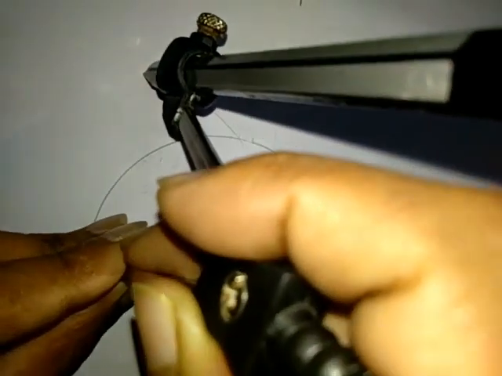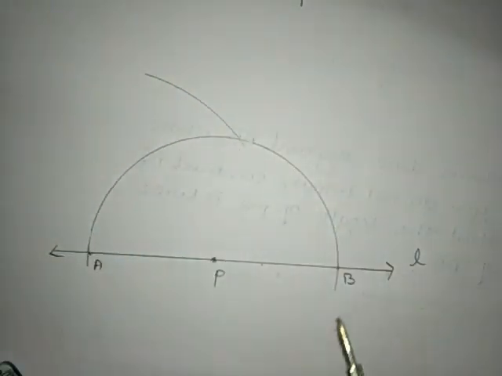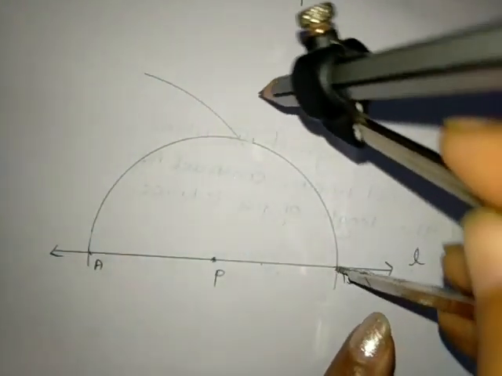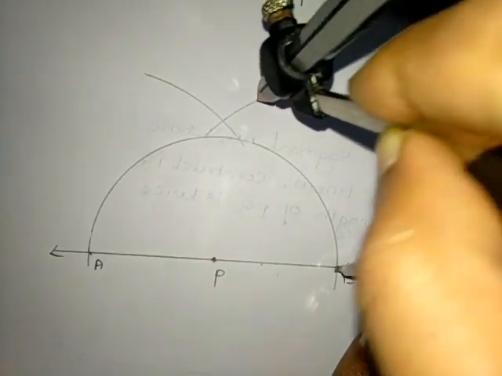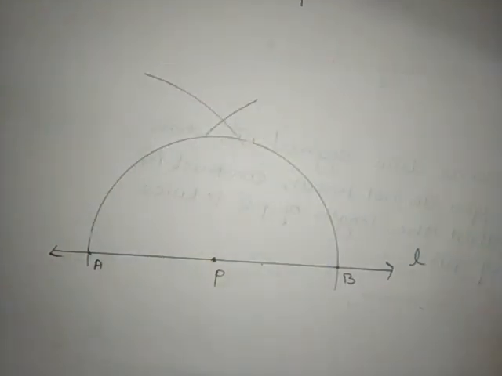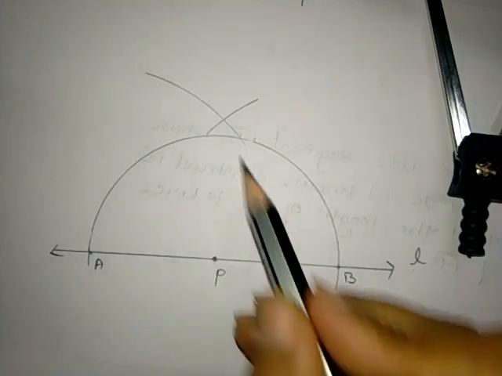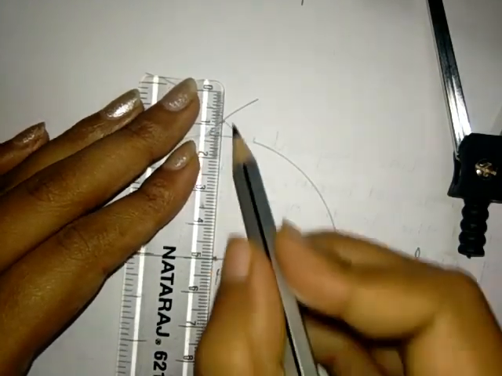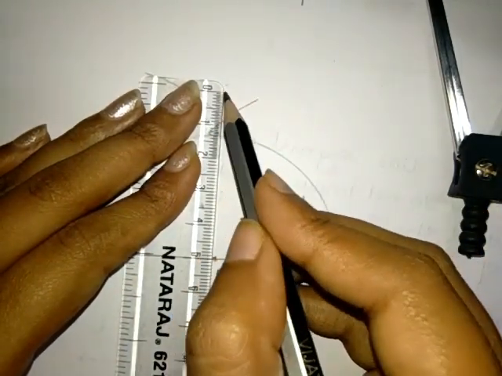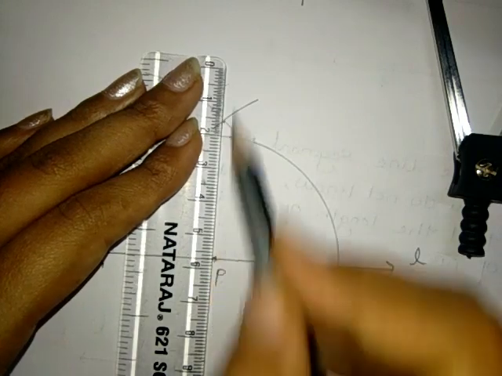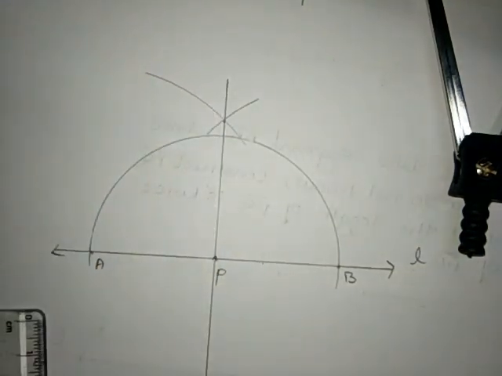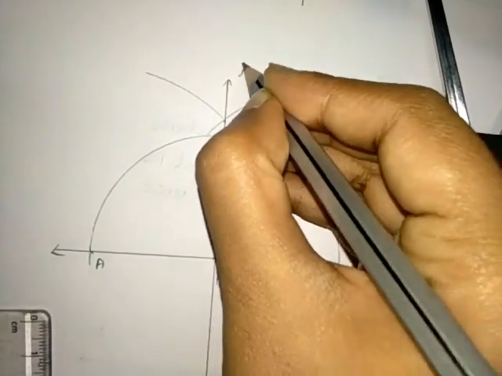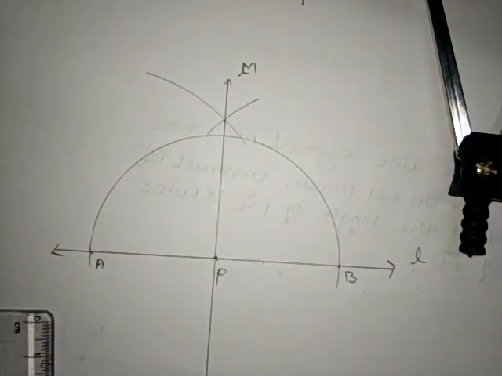Similarly, keeping on point B, again we'll mark an arc here. You can see we have obtained a point where two arcs are intersecting. Now we need to join point P and this point. We'll call this line M now.